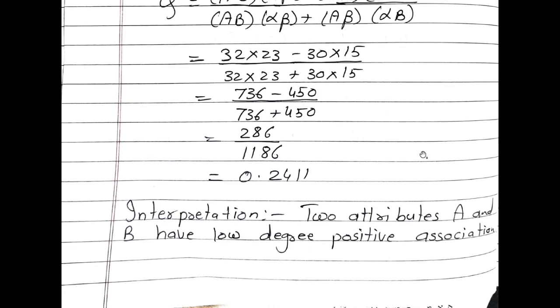So we will interpret the result as two attributes A and B have low degree positive association.